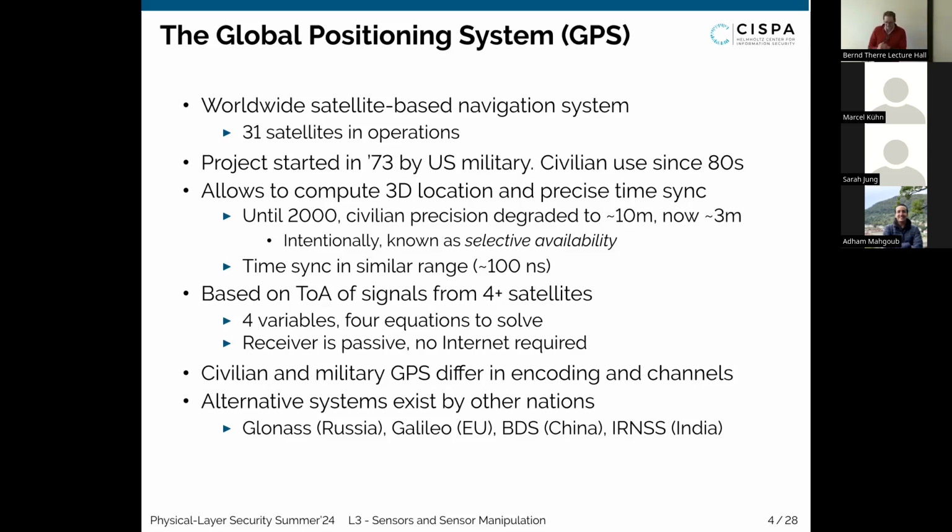So in particular, GPS are the satellites that are flying in space. At the time I wrote the slides, there were 31 satellites in operation, and they are essentially covering most of the Earth to allow anyone to do localization based on their signals.